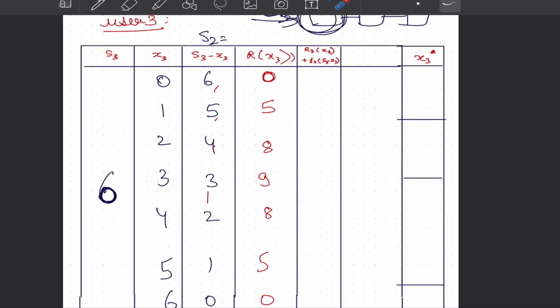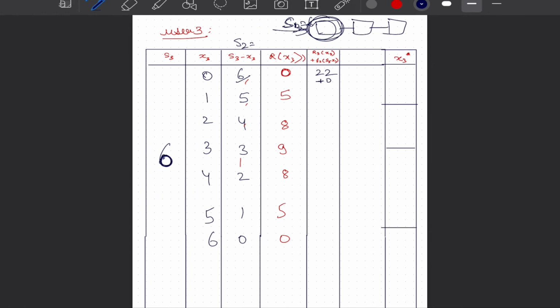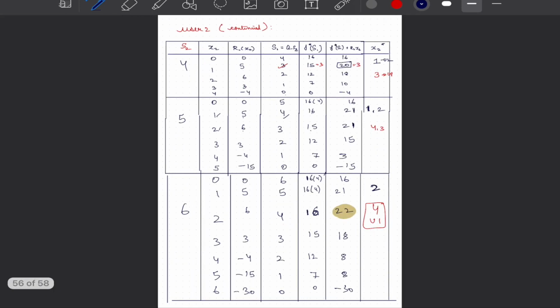So now if 6 is the state of S2, we have already determined that we should have the maximum return of 22, and this would happen if we allocate 2 units of water to user 1. So first of all, let us try to finalize how much we should allocate to user 2 here, and this comes out to be 22, because if 6 units are available, the optimal value was 22.